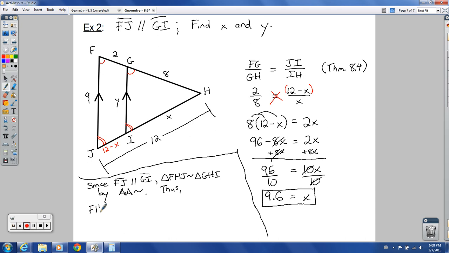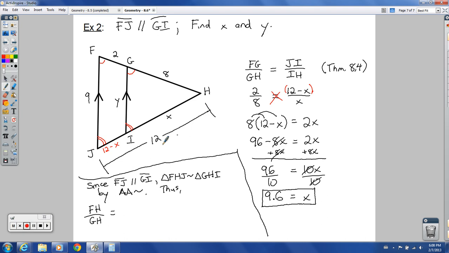I'm going to say FH over GH. So I'm comparing this length of the big triangle to this length of the smaller triangle, but the bigger parts here and here. So that would match up in the same way. So FH to GH would match up in the same way as JH to IH here, and also FJ to GI here.